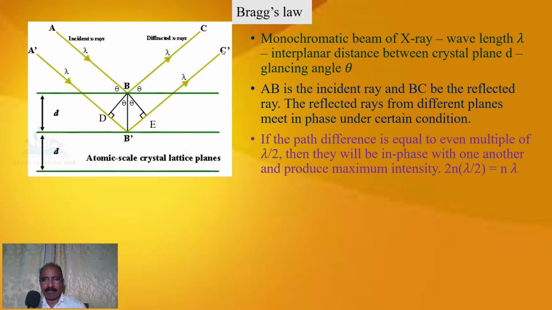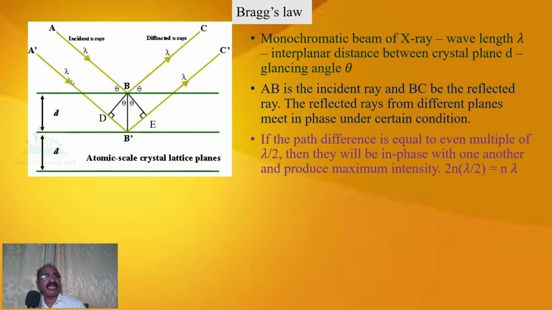If the path difference is equal to an even multiple of lambda by 2, that is 2n into lambda by 2, where 2n is for even and n will be equal to 1, 2, 3 and so on, they will be in phase and produce the maximum intensity. Therefore, 2n into lambda by 2 equals n lambda. So in short, if the path difference is equal to n lambda, then you will have maximum intensity and the two rays are in phase with one another.